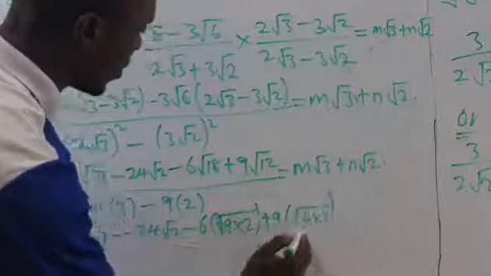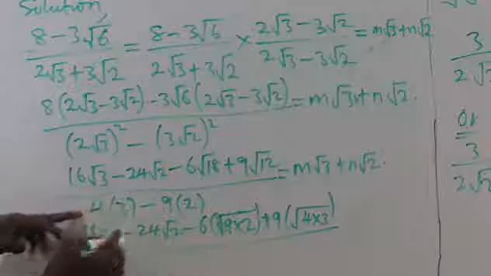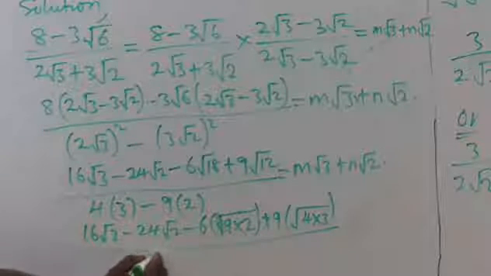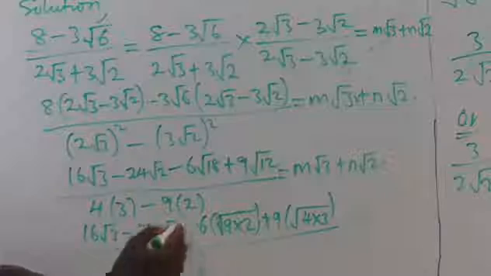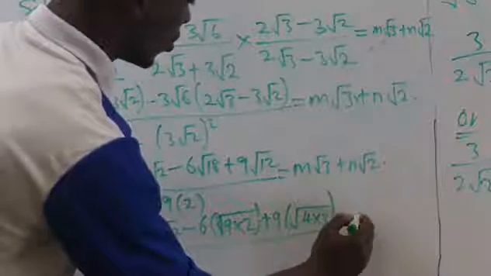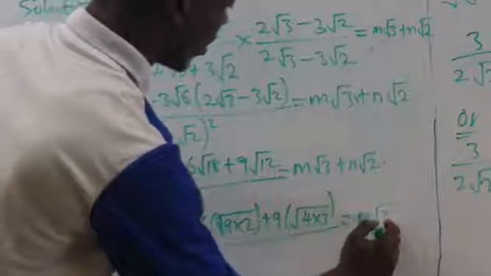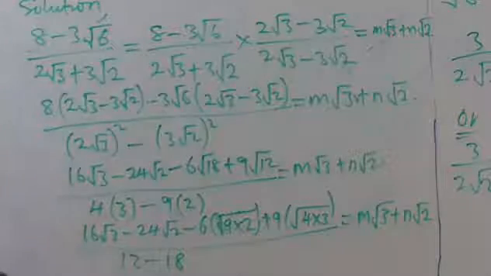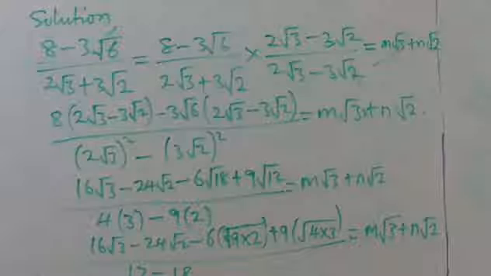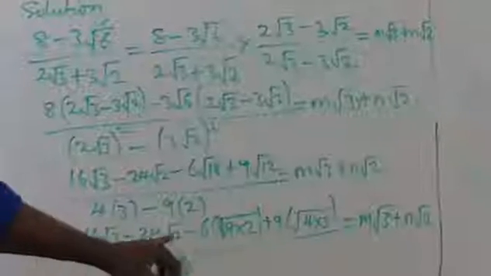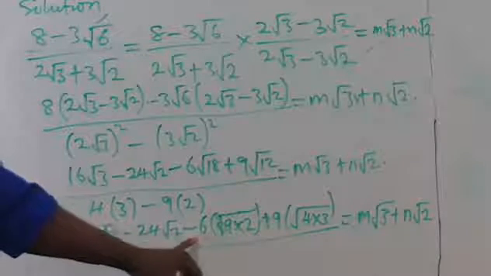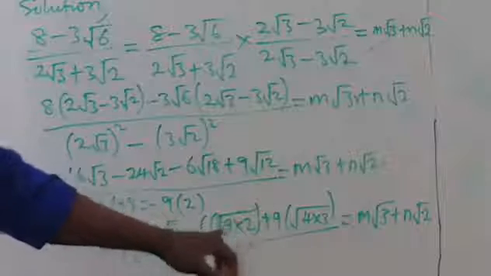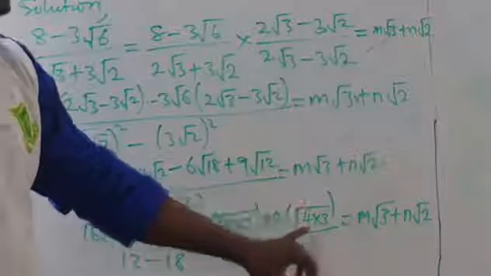So close the bracket, all over 4 times 3, that's 12, minus 9 times 2, 18, which is equal to m root 3 plus n root 2. So we have 16 root 3 minus 24 root 2, then minus 6 root 9 times 2 plus 9 root 4 times 3.